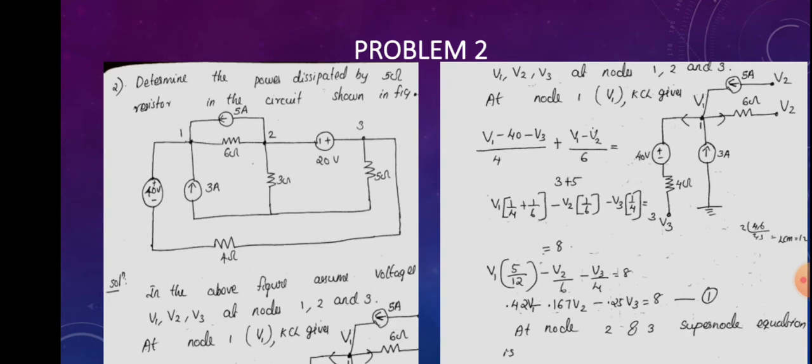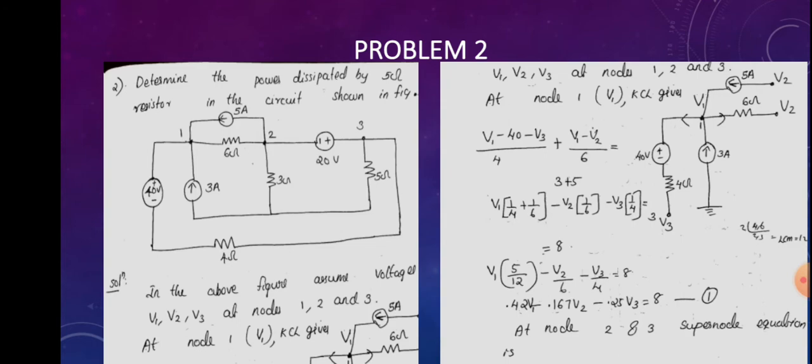Okay. So when we are writing the equation for node 1, first of all, we will consider the branch containing 4 ohm resistor, and its current through that 4 ohm will be equal to (V1 minus 40 minus V3) divided by 4 plus next is 6 ohm, (V1 minus V2) by 6 will be equal to 3 plus 5.